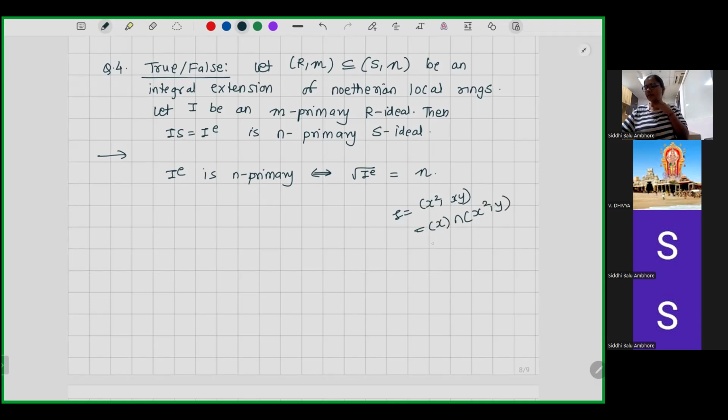Okay, and here this ideal I is also (x,y)-primary, but its radical, if you see, radical of I is only the ideal generated by x.